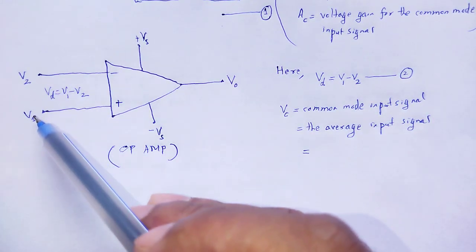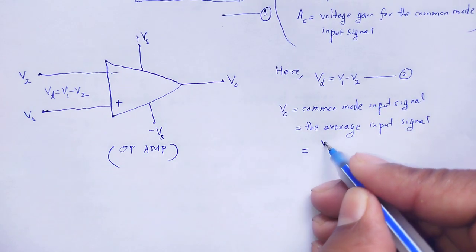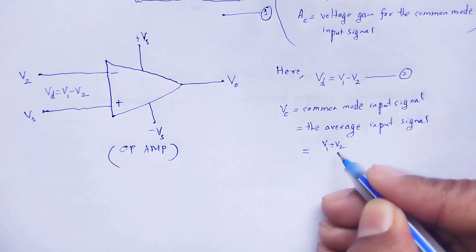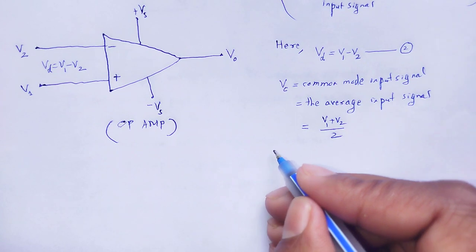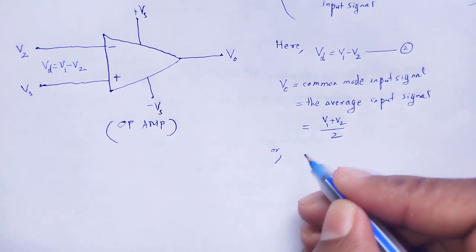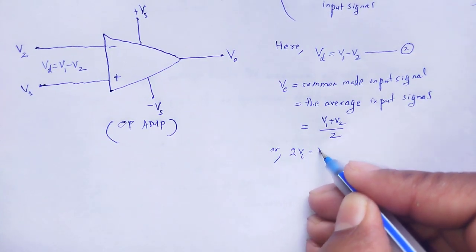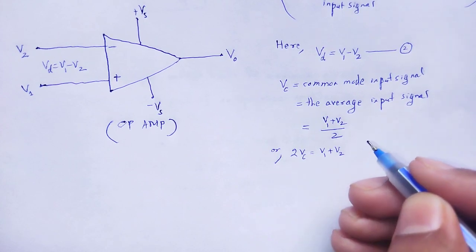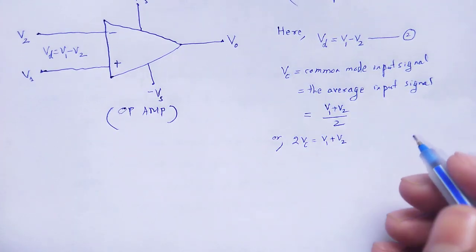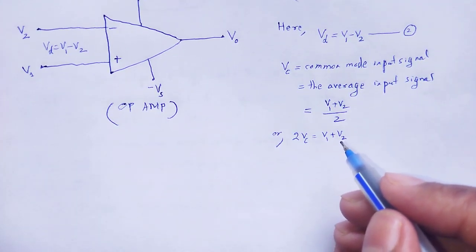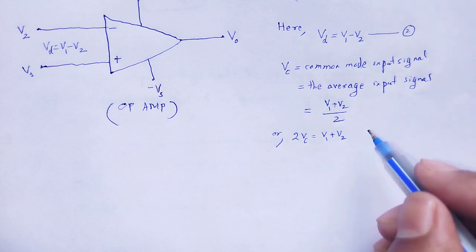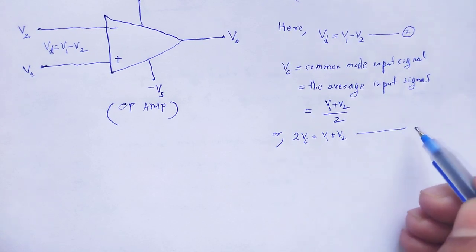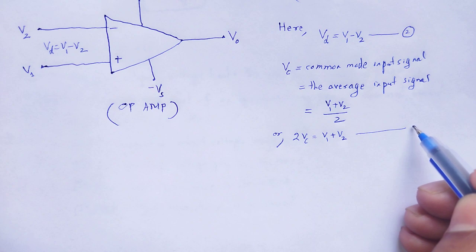Here the input signals are V1 and V2, and their average is V1 plus V2 divided by 2. Therefore, 2Vc is equal to V1 plus V2, equation number 3.